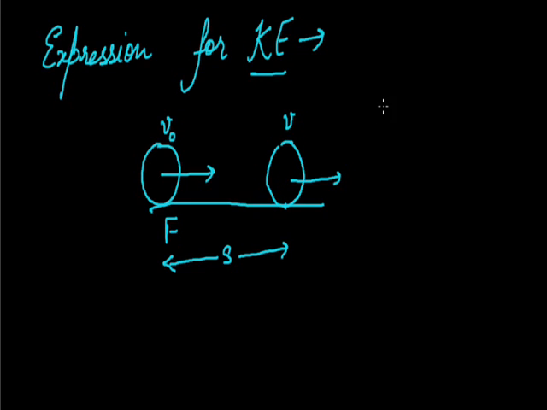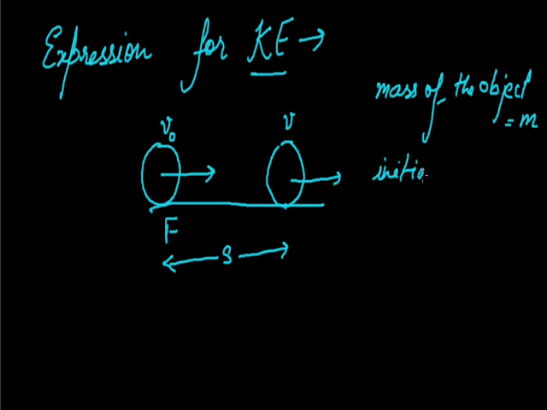Now, here it is given that the mass of the object is small m. Its initial velocity is v0.